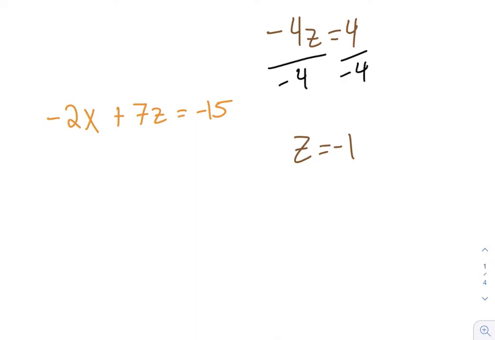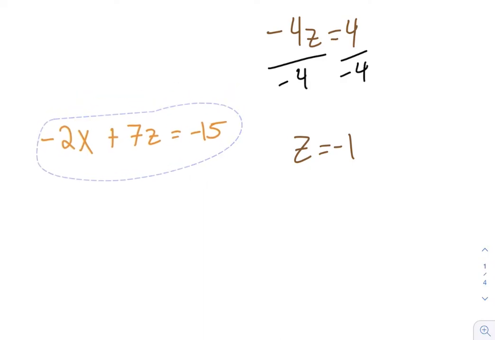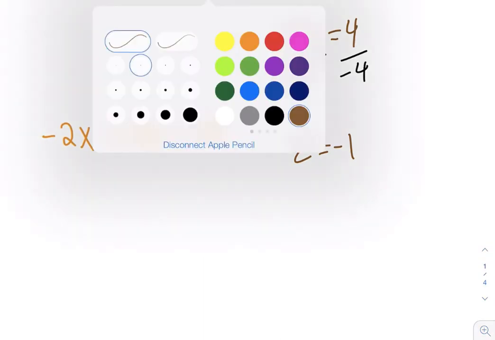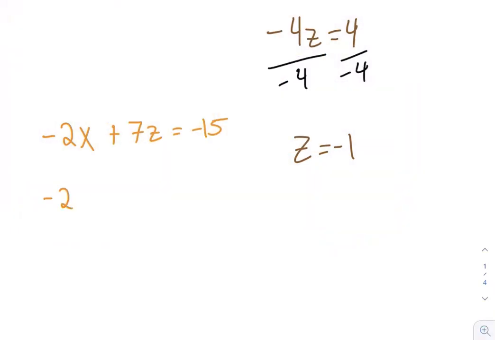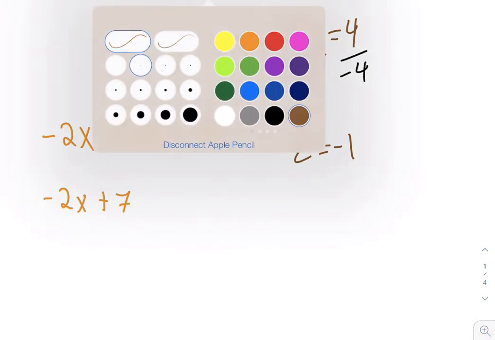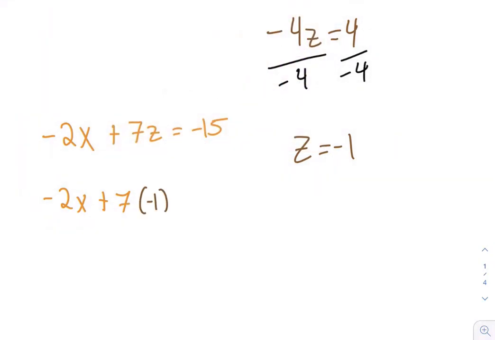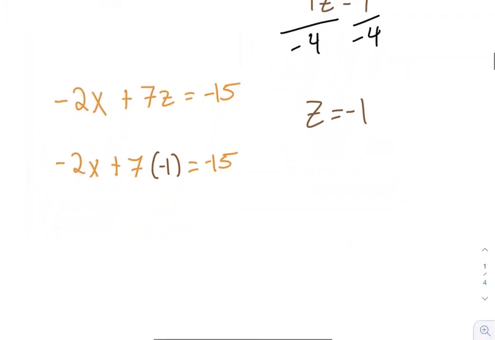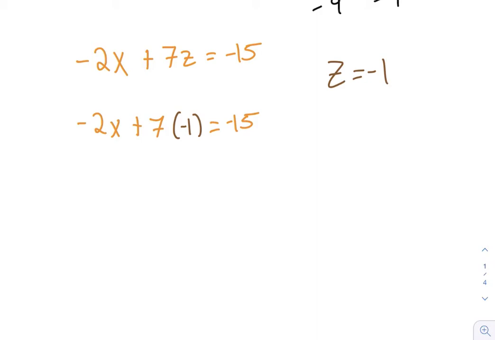Alright, so I have this equation. I can go ahead and plug in the z that I just found. So that gives me negative 2x plus 7 times z, which is negative 1, equals negative 15. And I'm going to go ahead and simplify down and solve for x. So I can do 7 times negative 1, which is negative 7.